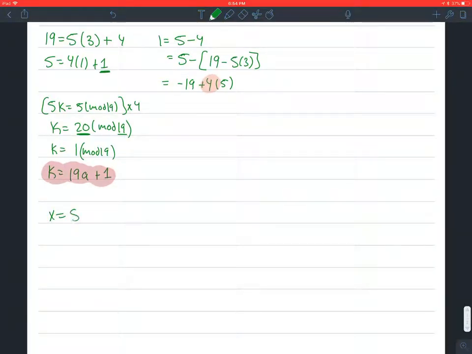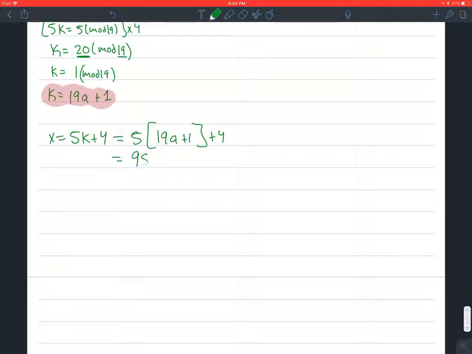So x equals 5k plus 4, which also equals 5 times (19a plus 1) plus 4. That gives you 95a plus 5 plus 4. So that is x equals 95a plus 9.